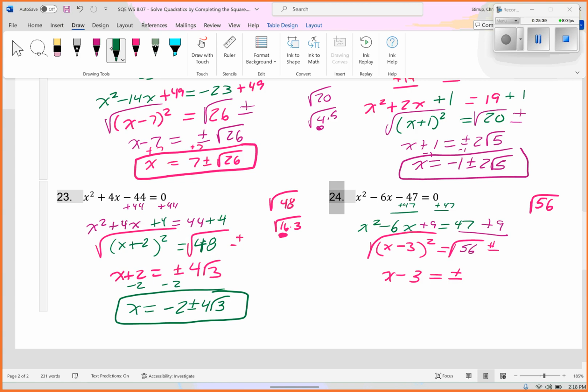Yeah, which one of those blue numbers times something else would give me 56? You got it. 7 and 8. I don't know if 16 works. Yeah, 4 and 14. Very good.